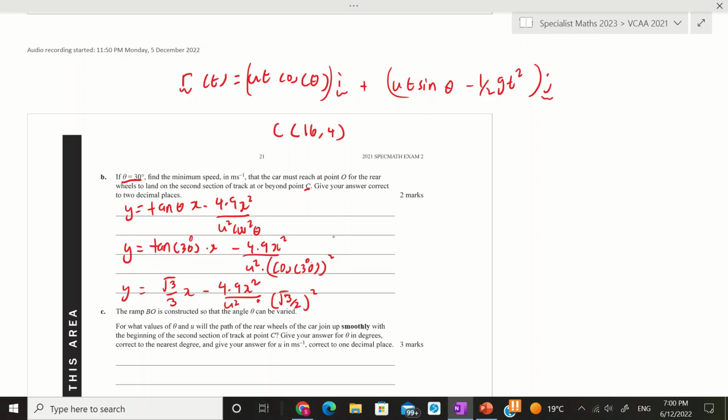If I sub that in, y now is equal to 4. I'm going to get 4 root 3 over 3 times, what's x? x is 16. So times 16 minus 4.9 times 16 squared all over u squared times root 3 on 2 squared.